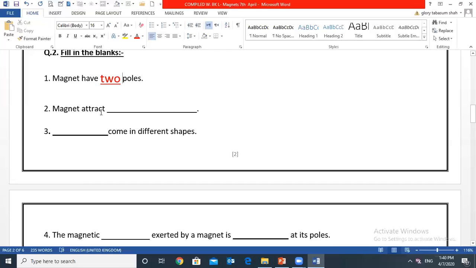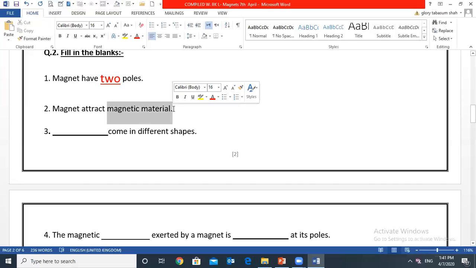Magnets attract. Yes, they attract magnetic materials. Magnetic material.